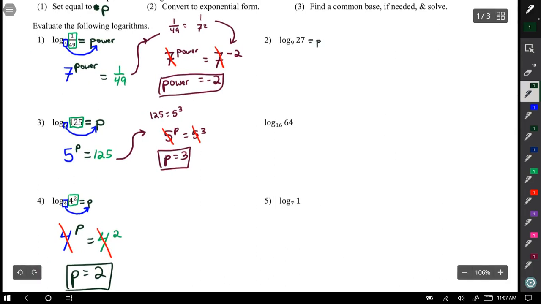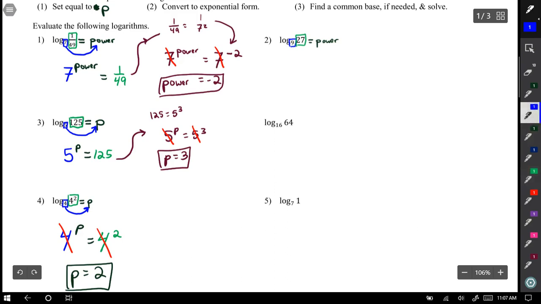And for this one, I'm going to go back to power on it. Now, the right side is a little more tricky. It involves a little more difficulty, not quite as straightforward with the common bases, but it's still something we've already covered. I look at it, what is my base? What power of 9 gives me 27?